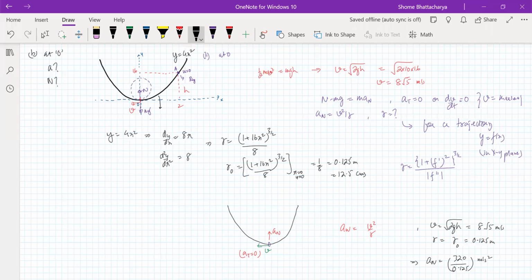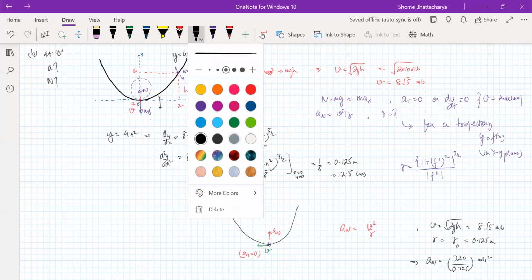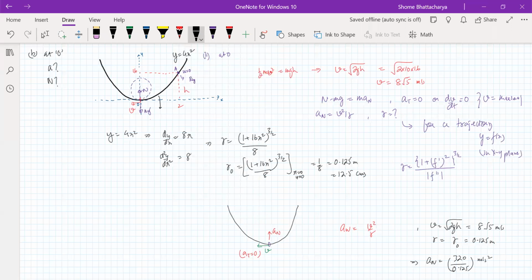It's a pretty incredible amount of acceleration because it's going through a very sharp turn actually. If you really visualize the problem, with a proper drawing to scale, you'll understand that as it passes through that origin, it's going through a very, very sharp turn. And it's going at a pretty large amount of speed because you've started the particle from a pretty high position.